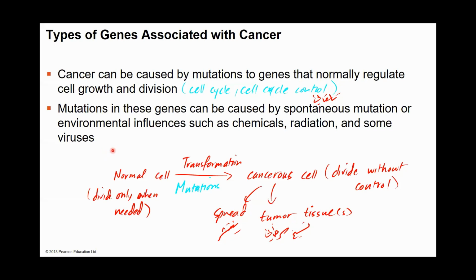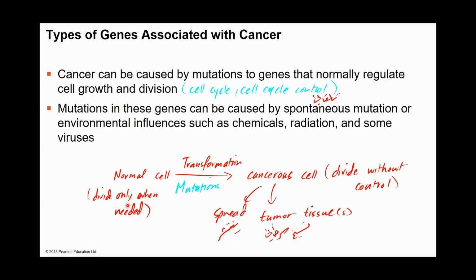For example, when you have a cut in your hand from a knife, let's say you cut your hand by mistake, blood will go out from the site of the cut, and what will happen is that the skin cells will start dividing to close the area that was cut, so to stop bleeding. So here we're talking about skin cells that normally are not dividing unless they are needed to divide, for example, when you have a cut or جرح in your hand.